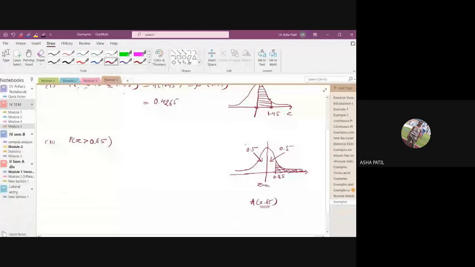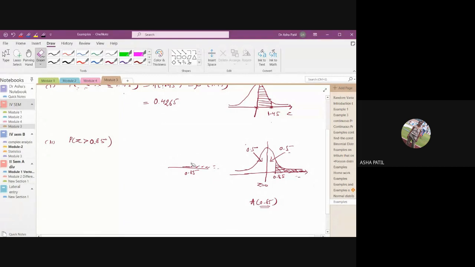Now this total area on the right side will be 0.5. In that, if we subtract the area up to 0.85, then you will get the area that is required for us.